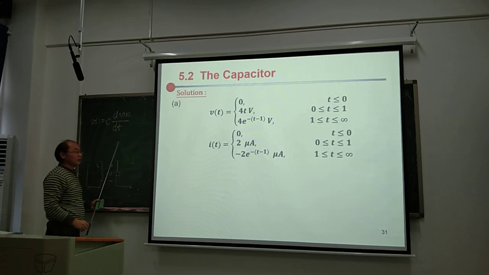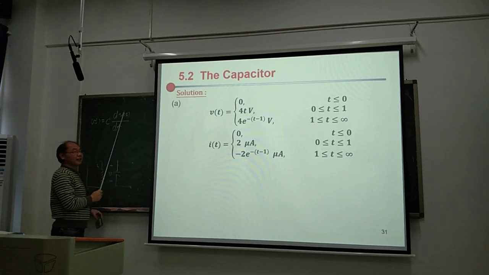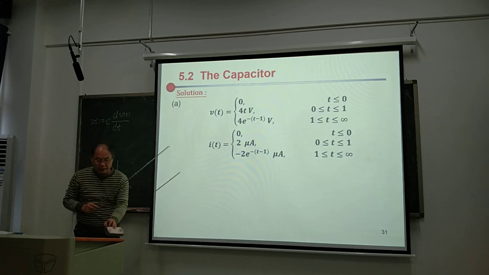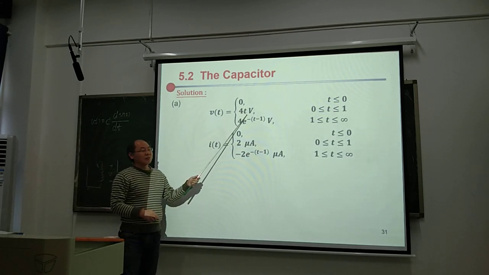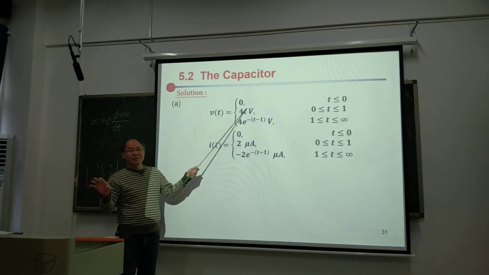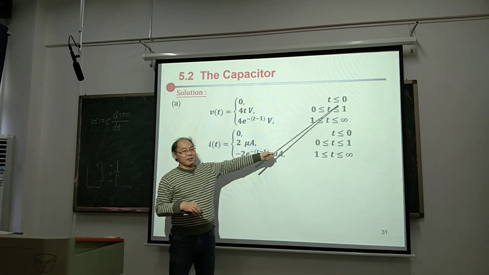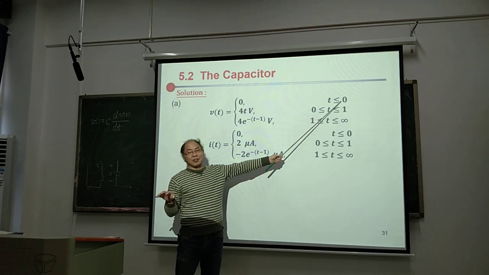V is long, but we separate V into three parts. The first is 0 for t smaller than 0.